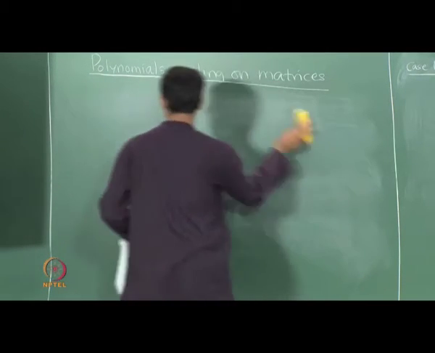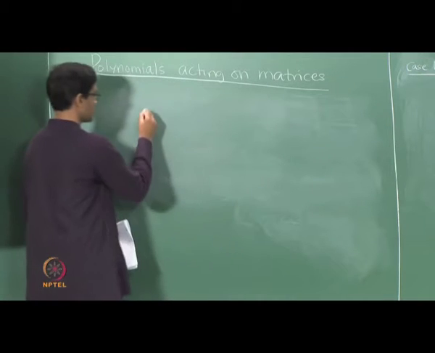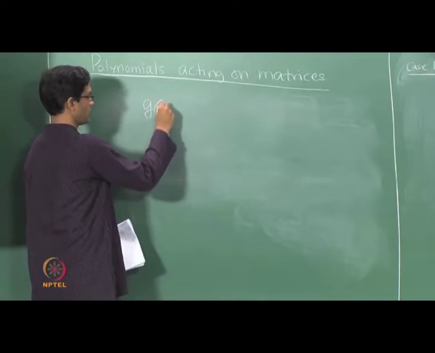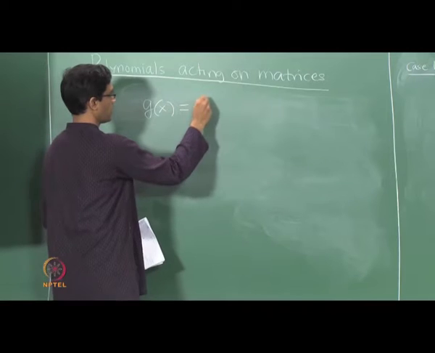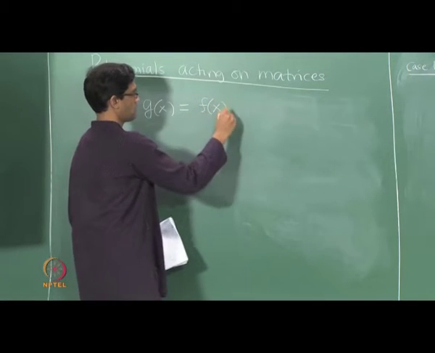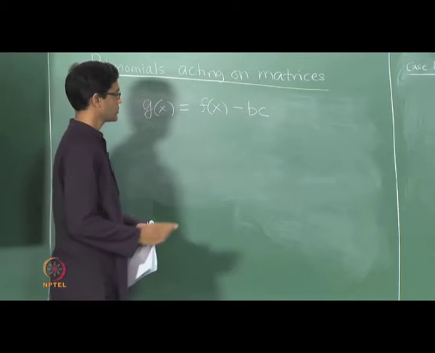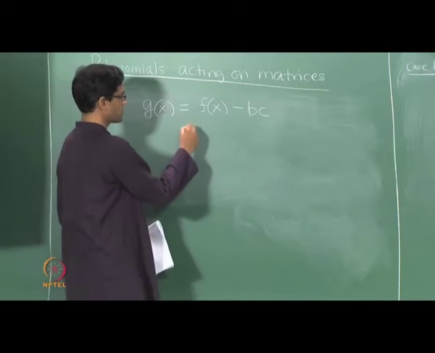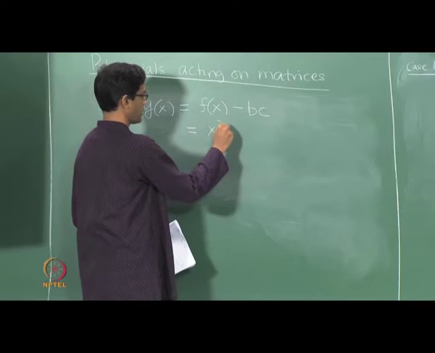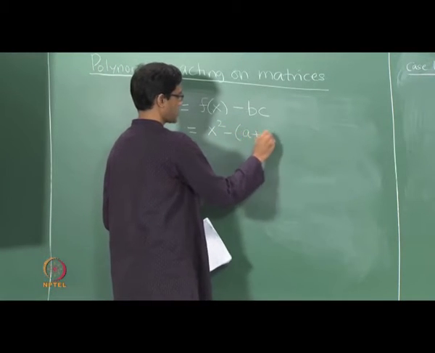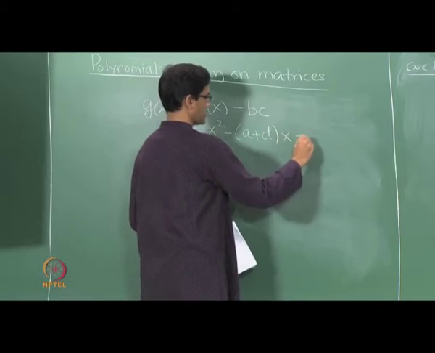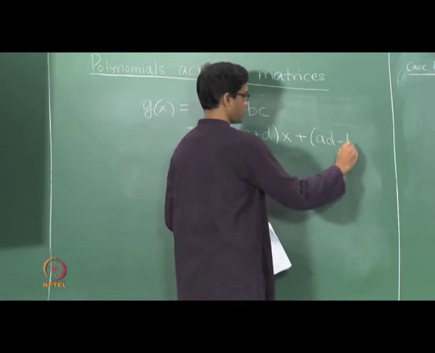We just subtract the bc term as well. So now here is the final answer that is suggested by what we just did. You take f of x, but from that you subtract off a bc. Okay. So subtracting bc from f of x means what? Well, this is x squared minus (a plus d)x plus ad minus bc.